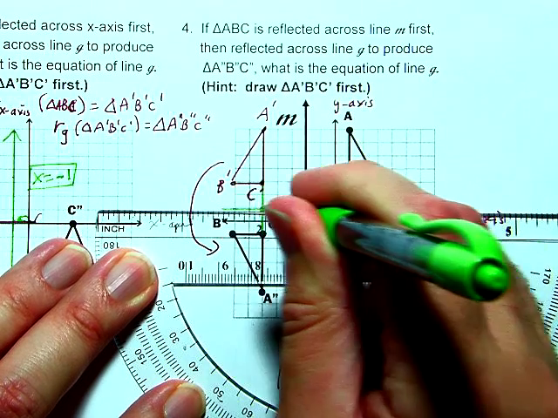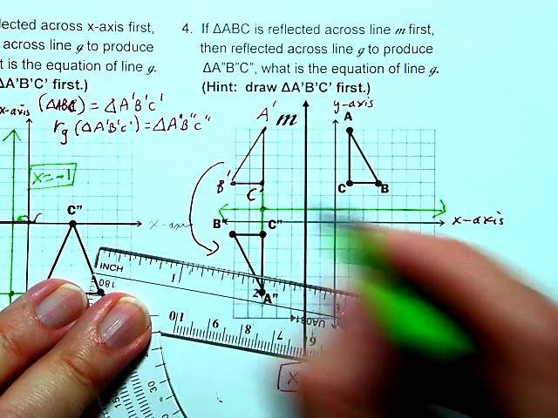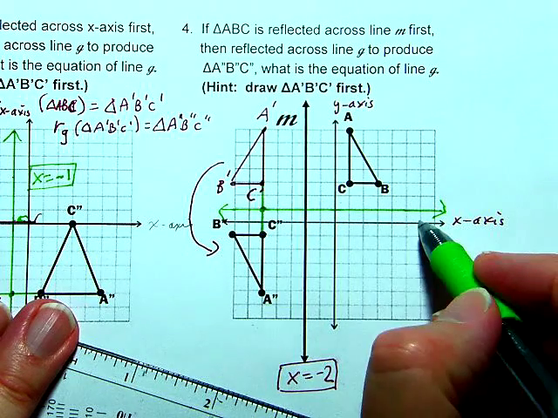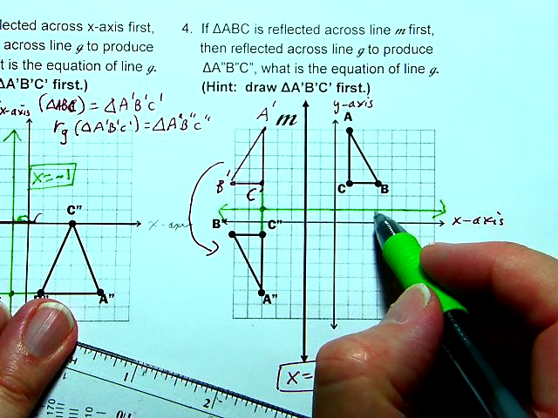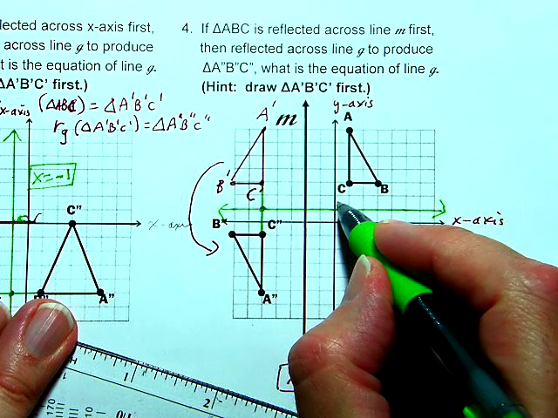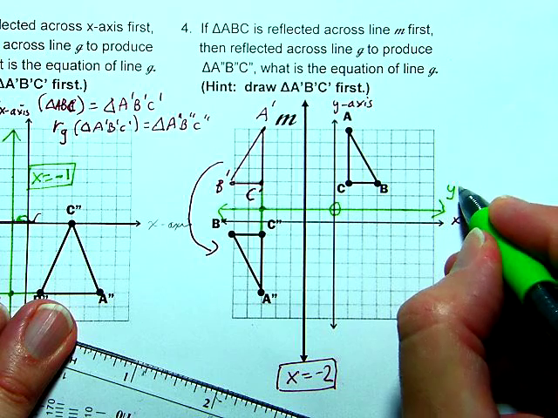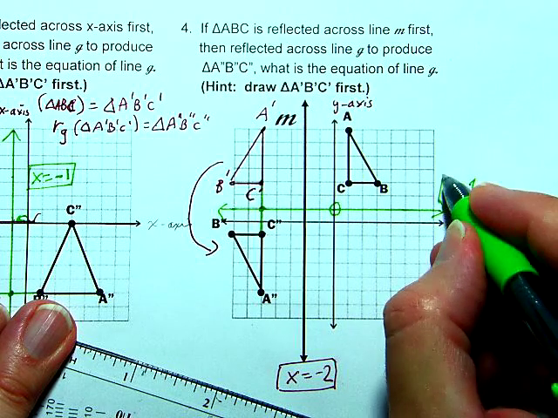This is the perpendicular bisector. And let's determine what is the equation of this line. Well, this green line is a line that is parallel to the x-axis, and it's intersecting the y-axis at y equals 1. Okay, so that is the equation of G, y equals 1.